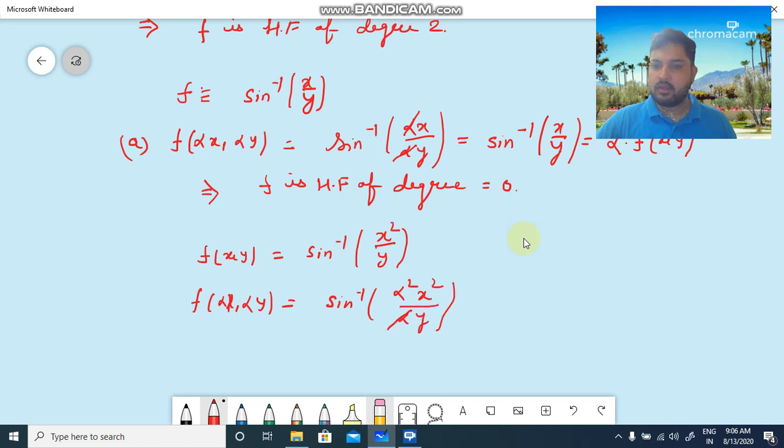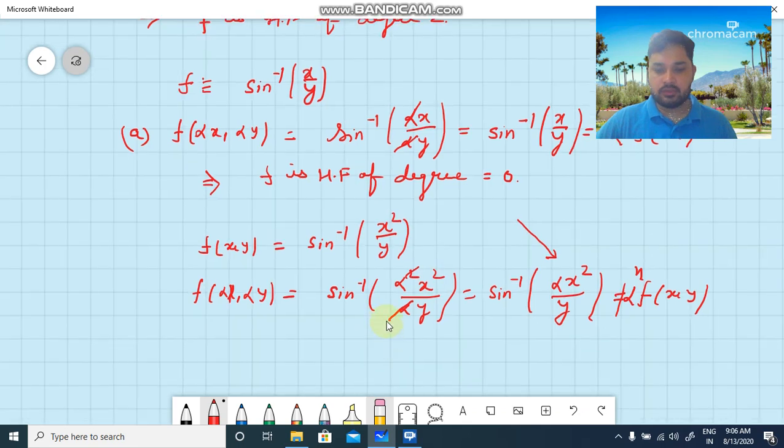Now we can cancel out α by α, so this gives us sine inverse of αx square upon y, and this is not equal to f(x, y), because here α is 1 but there α is not 1. You can take α as any constant, so we cannot rewrite this in the form above. So this is not a homogeneous function.